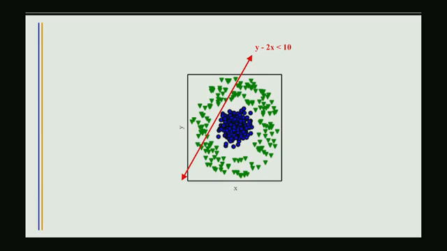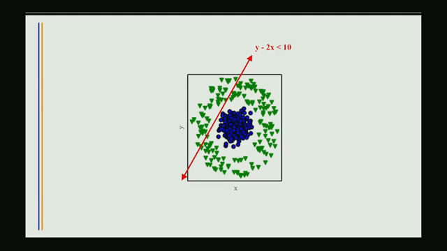So maybe if I drew a line, that red line, that's going to help. Right? Clearly, as a human, I could draw that line, and yeah, I'm going to get a boundary where on one side of the boundary, they're all green. On the other side of the boundary, they're green and blue. Well, that's pretty helpful.